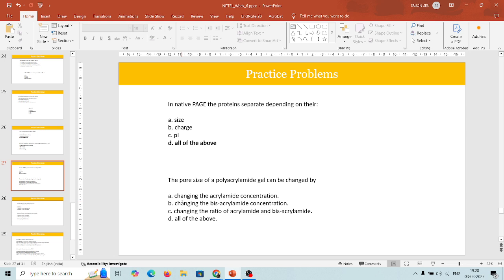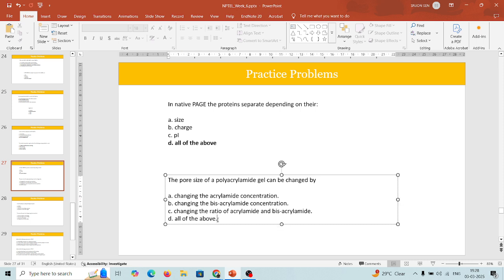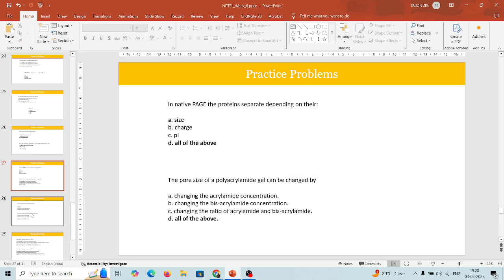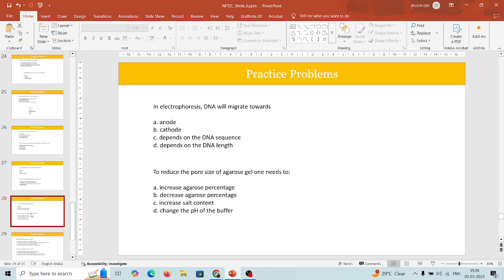Okay, so D, yes. You can change all of the above in different ways to change the pore size of an acrylamide gel. That is correct.